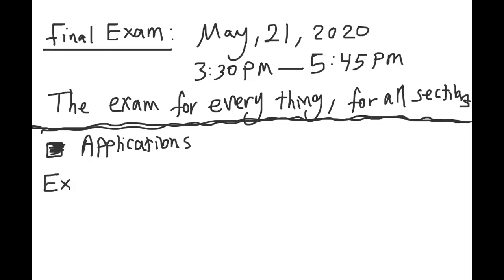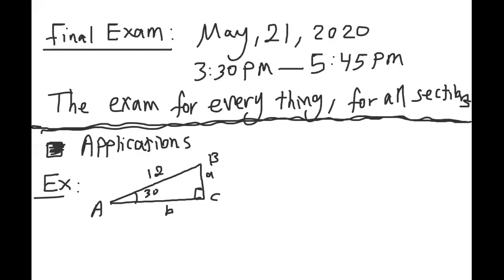So first example, suppose I have a right triangle, looking like that, with vertices A, B, C. The hypotenuse for the angle theta is 12, and this side is A, this side is B. The question is, find the value for A and B.